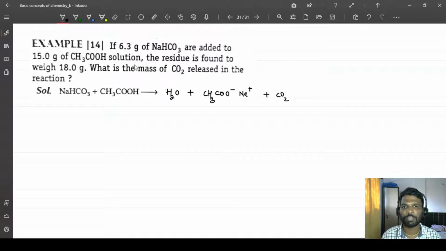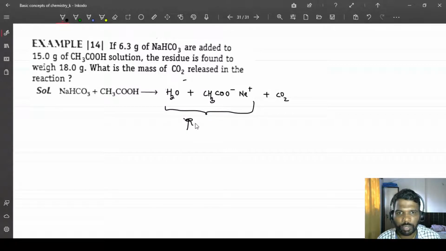The question says that if 6.3 gram of NaHCO3 are added to 15 gram of this solution, the residue is found to be 18 gram. Means, what is the mass of carbon dioxide released? Means this is what the residue is.